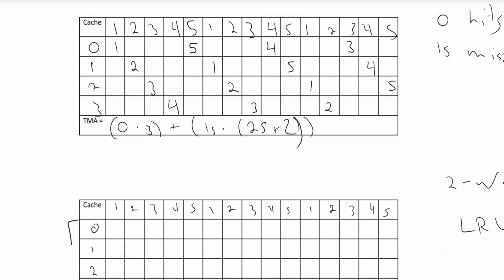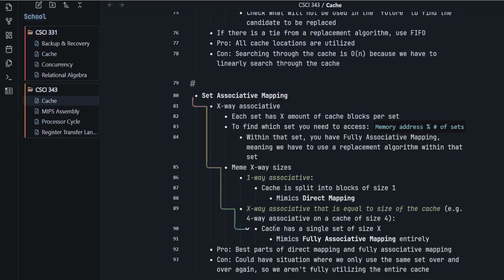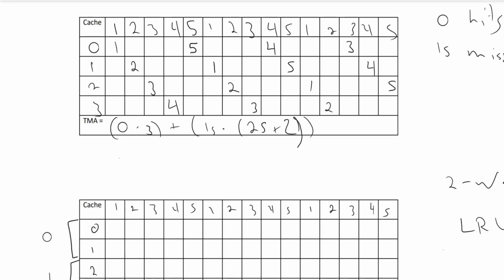So we have to split this into one and this into another, right? 0 and 1. I think that's what it would be, right? Because one-way associative is blocks of 1, which is just direct mapping. But this is blocks of size 2.